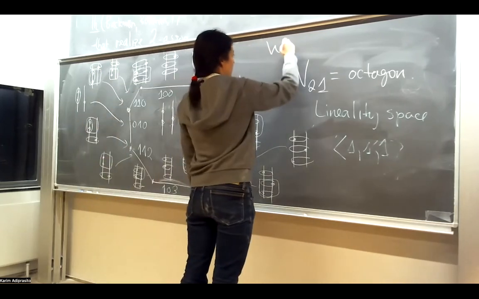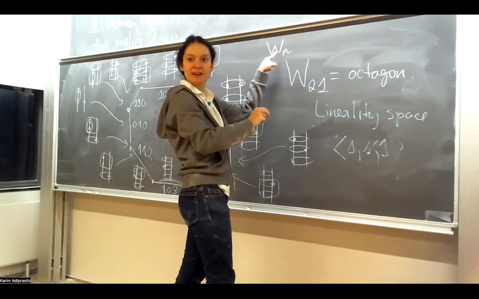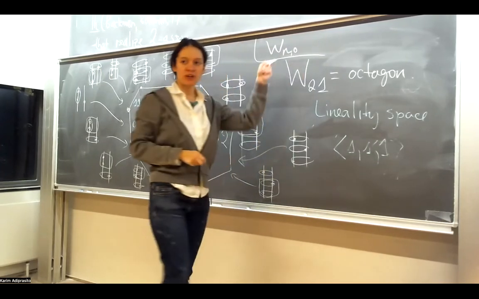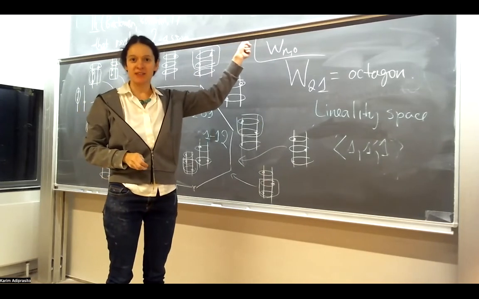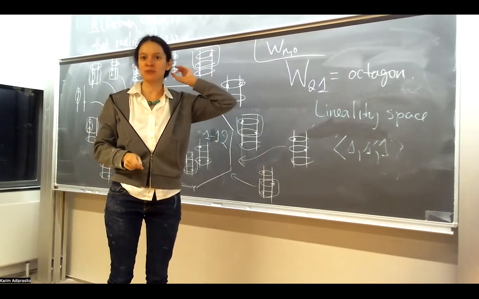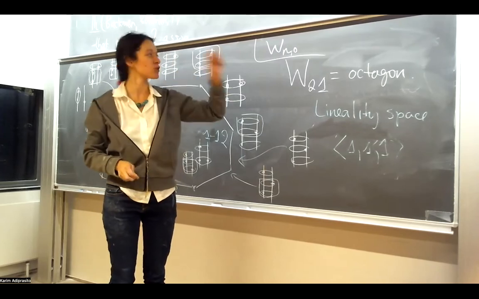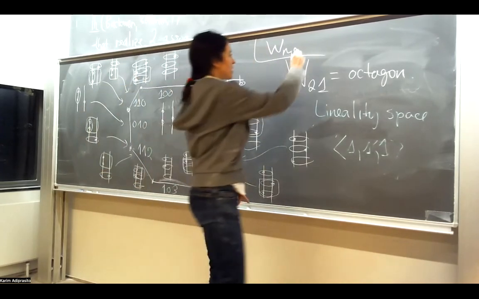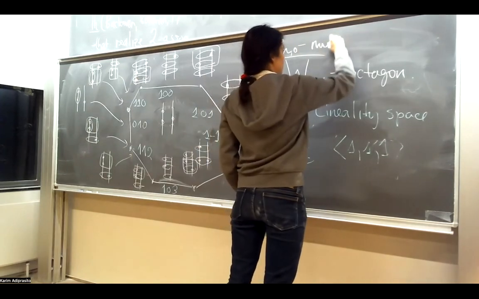So by the way, if you have only 2 lines, you have n points on one line and 0 points on another line. This is actually another family of polytopes that you could have seen in your life. So 2 associahedra of the form Wn0 are nothing else but multiplehedra.